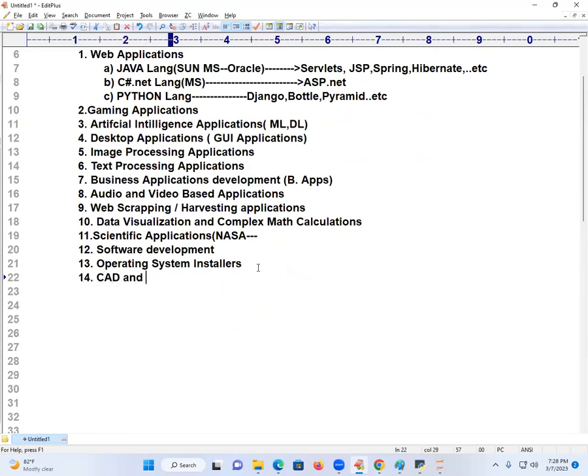CAD and CAM based applications. It is also one of the most important things nowadays, because in the automobile sector, CAD and CAM is used for structural engineering purposes. Mechanical students, CAD and CAM, 2D, 3D software are there. In all the big automobile sectors, take Hyundai, take BMW, the spare parts are prepared with exact CNC cutting.